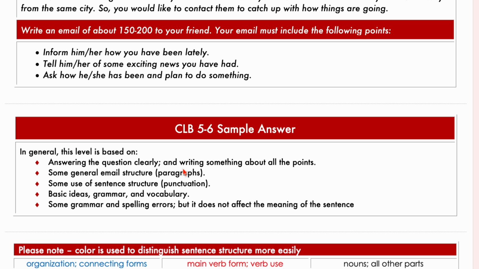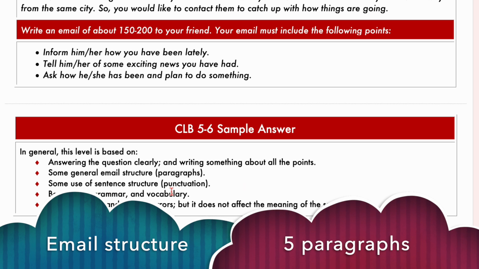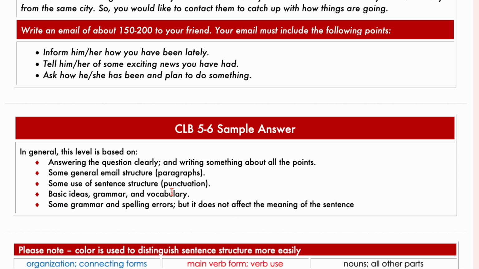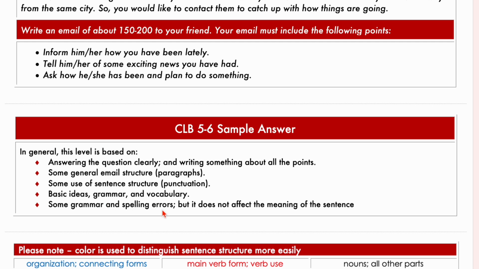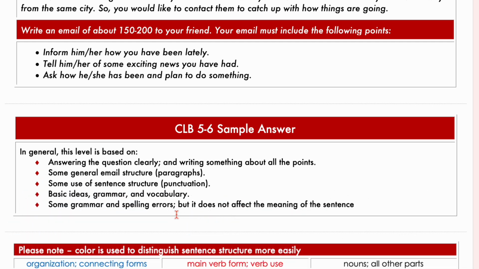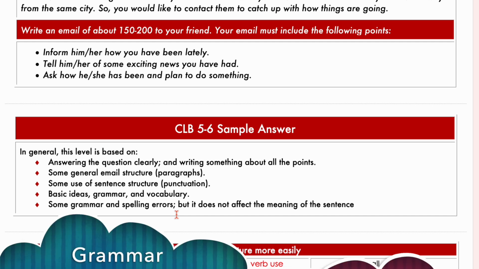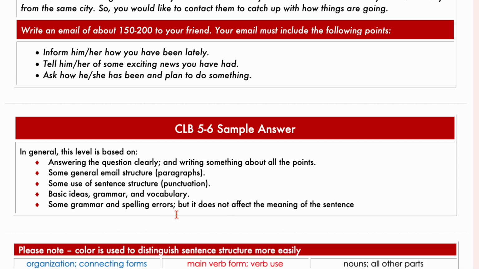So we have to make sure that the ideas are clear. Then we need to use some kind of email structure with paragraphs. And we need to use some good sentence structure with periods, punctuation, commas, periods, it means. And we need to give some good ideas using some basic grammar vocabulary. And try not to have many errors. That's the most important. Okay?